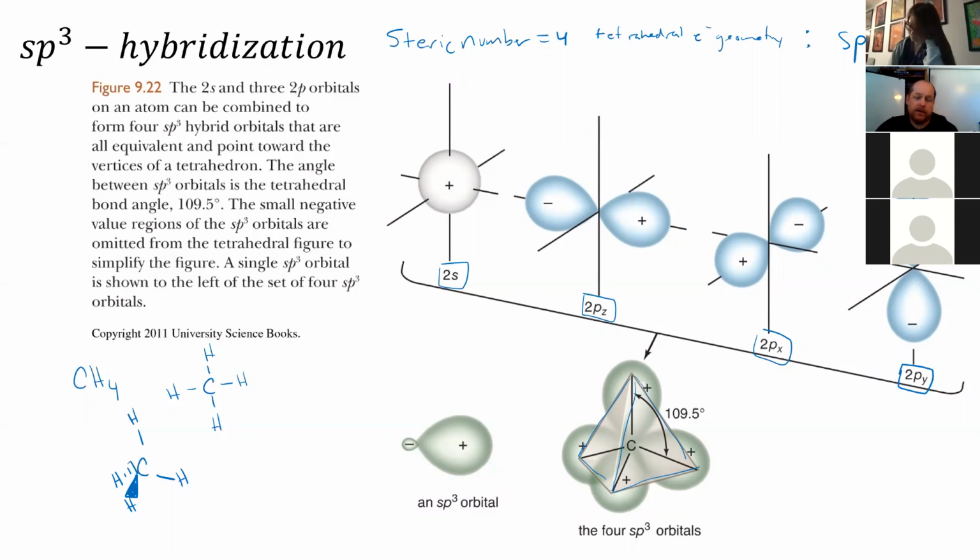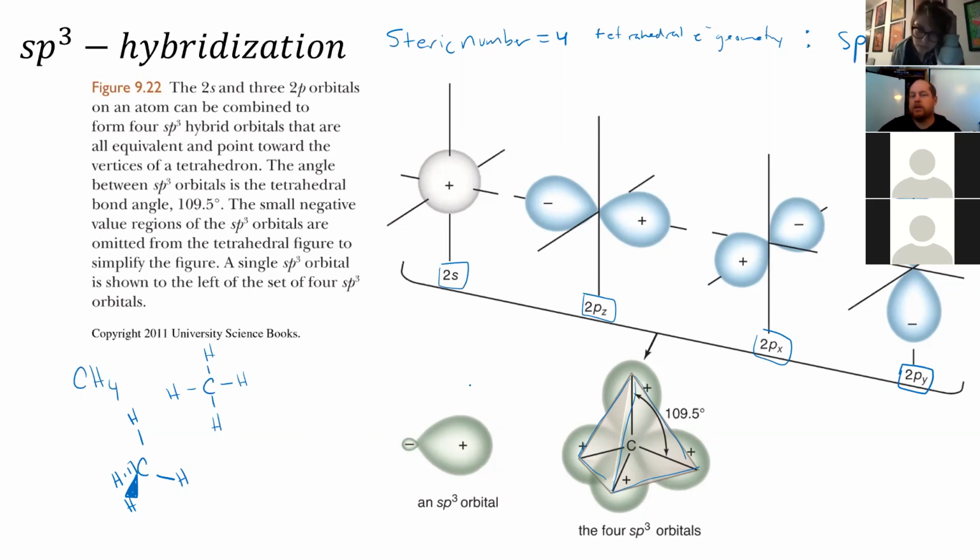You have better artist renderings in most cases. You will see it all over the place in chemistry, so it's something you need to know even if it's not in this textbook. Will we be tested as well, drawing these with the wedges and the dashes? Absolutely. Yeah, that's really important, especially if you're going on to organic chemistry. It's used a lot in organic chemistry. Got it.